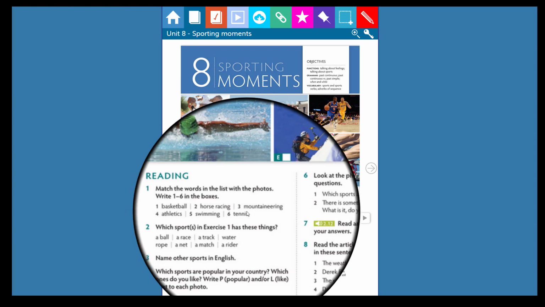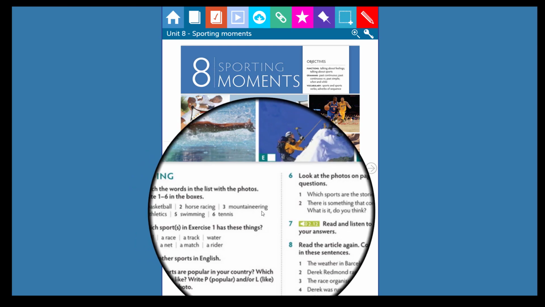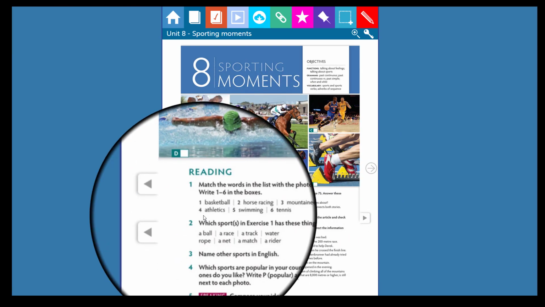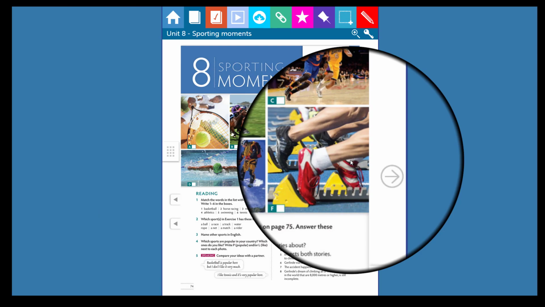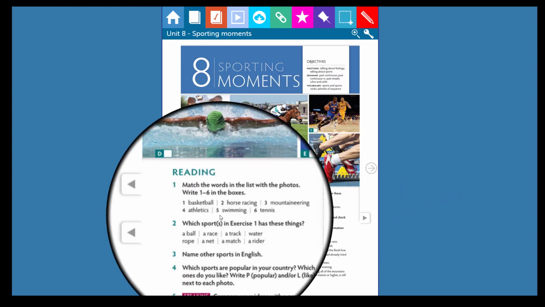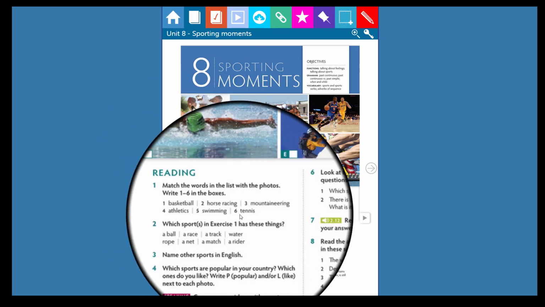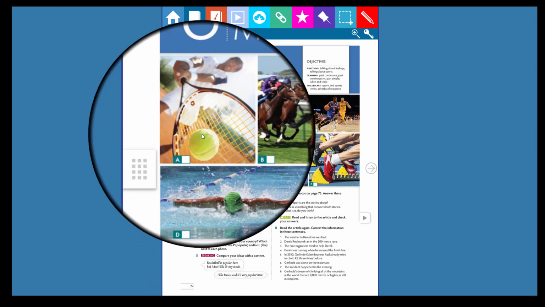Number 3, mountaineering, letter E, very good. Number 4, athletics, letter F, correct. Number 5, swimming, letter D. And number 6, tennis, letter A.